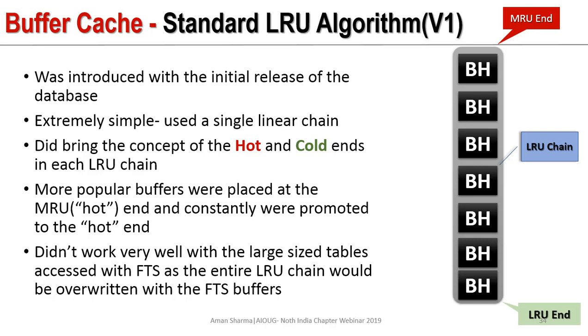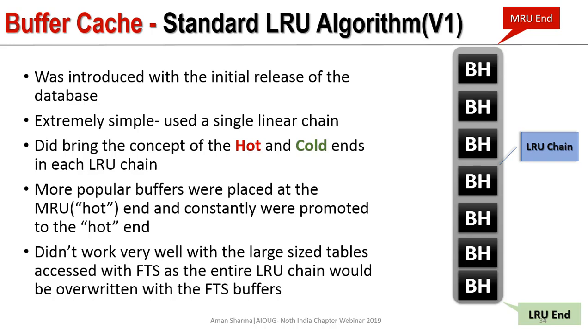Now this did not serve very well when the databases started to become bigger, because very large tables can flood the entire linked list with their own buffers, which means the other buffers in the linked list are going to be thrown away.